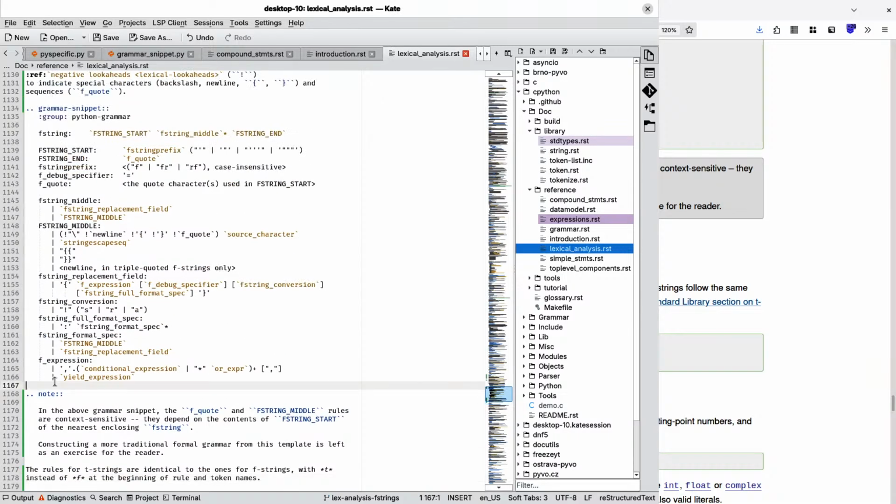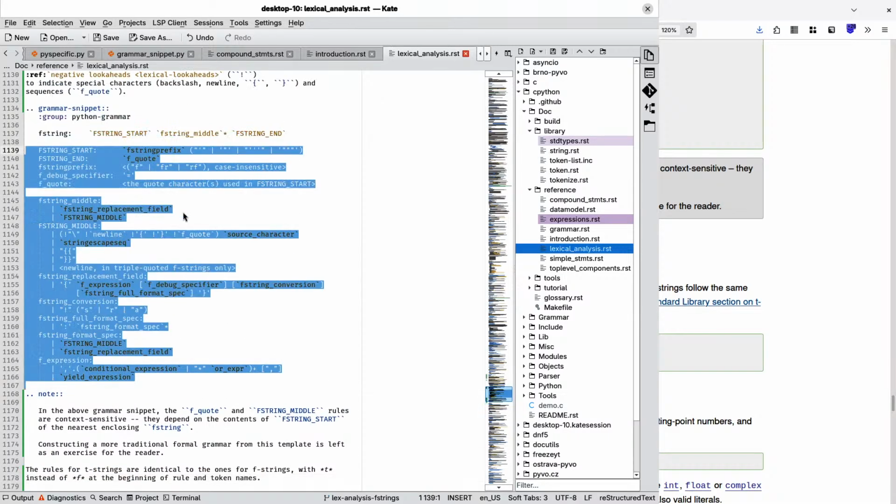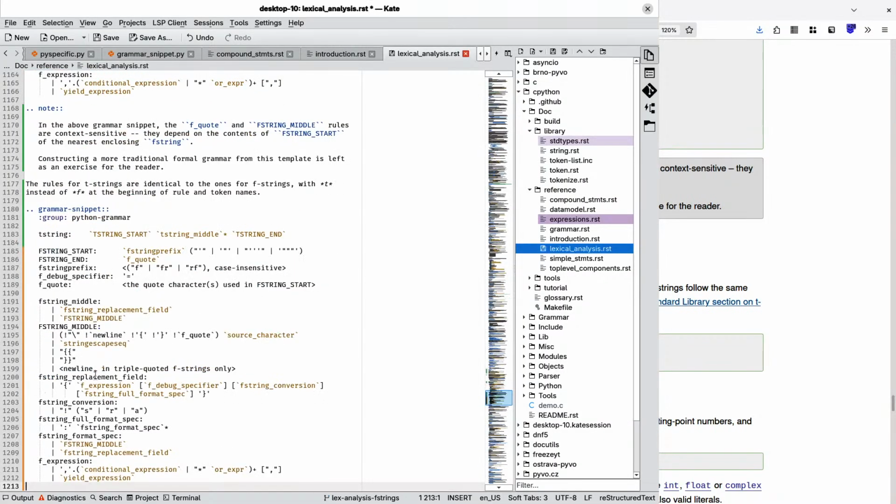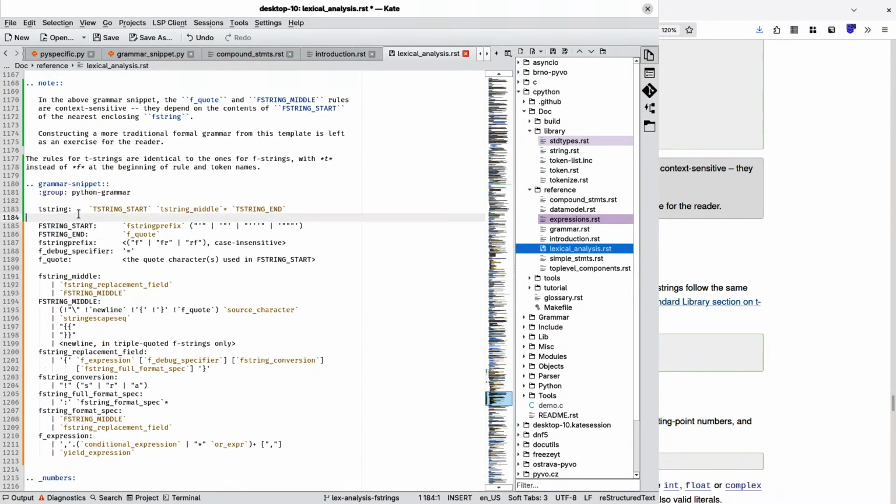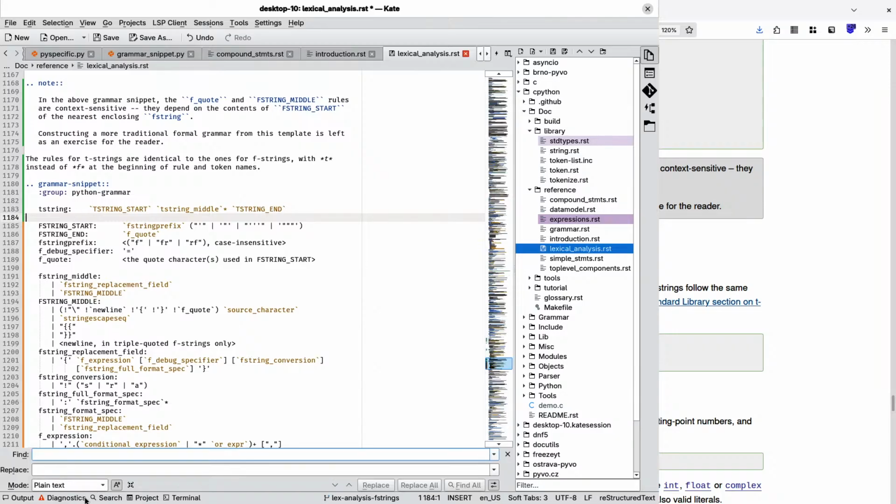I think it's a reasonable position, but that would be my brief argument for why you should consider duplicating it. And it would be weird to have like T or F string.